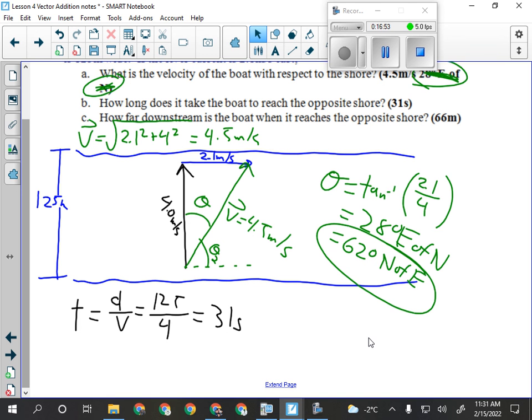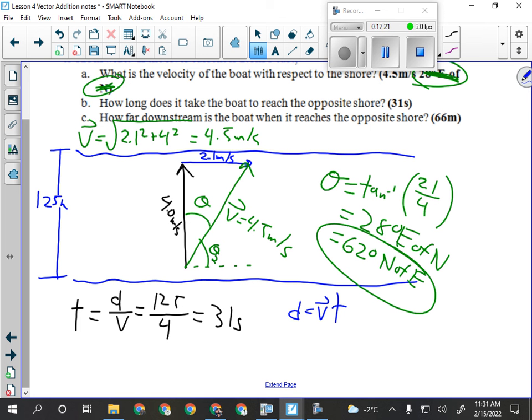So now I know how long the boat is in the water. The whole time it's going across, what is it also doing? Going downstream. Okay, so do I know how fast it's going downstream? 2.1, right? So if they want me to figure out the distance downstream, the distance downstream is the velocity downstream, my blue line, times time, which is 31 seconds.